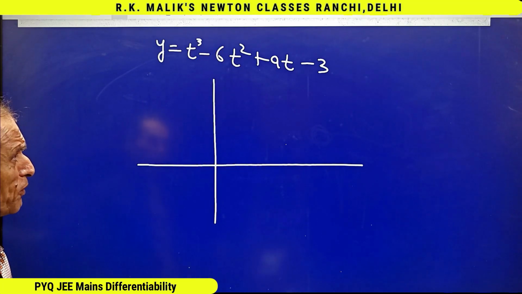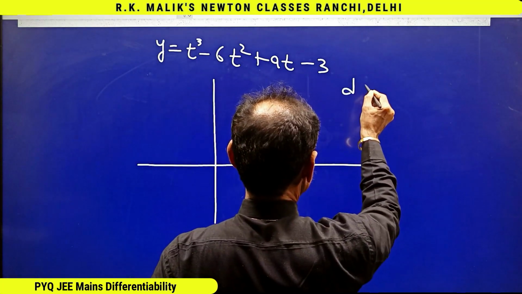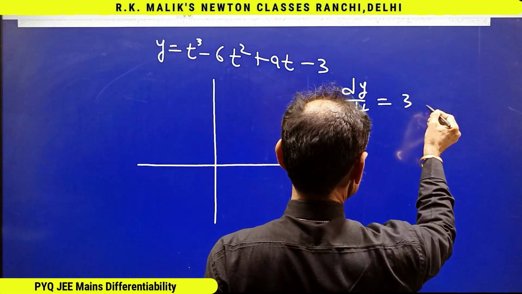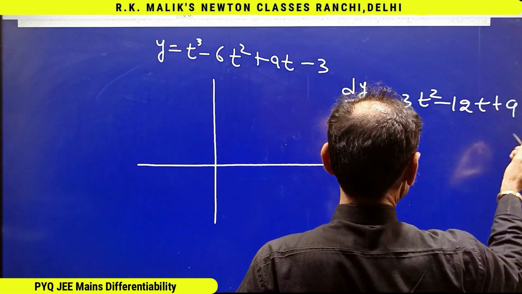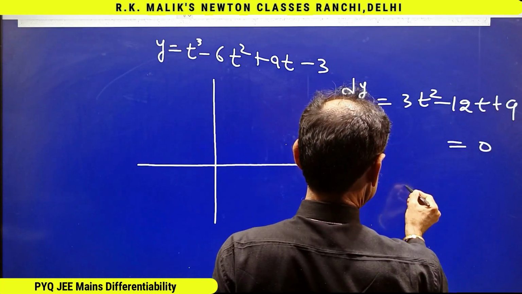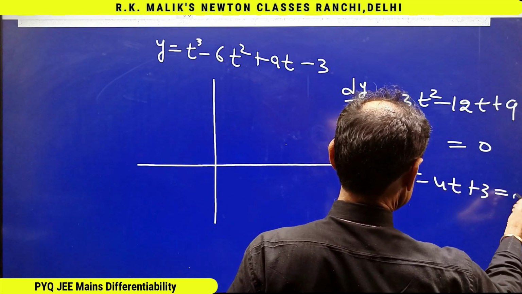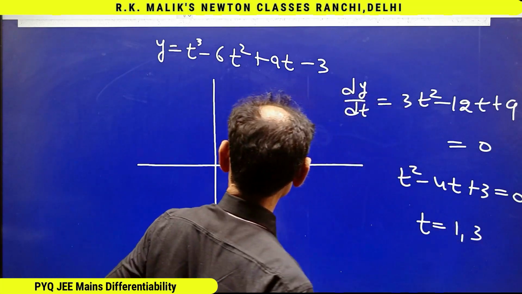And to find the points where the graph will be turning, let us find the value of dy by dt first. That is 3t square minus 12t plus 9. Putting it equal to 0, I get t square minus 4t plus 3 equal to 0. That is, I get the value of t as 1 and 3.